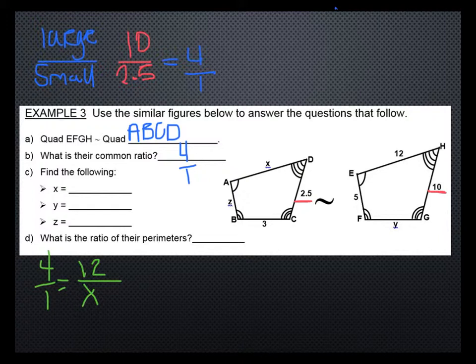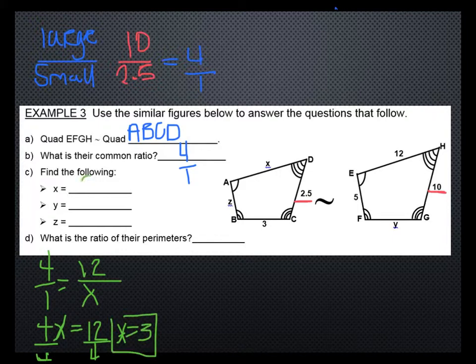If we cross multiply, we get 4x equals 12. When we divide by 4, we get x equals 3. So our x value should be 3.